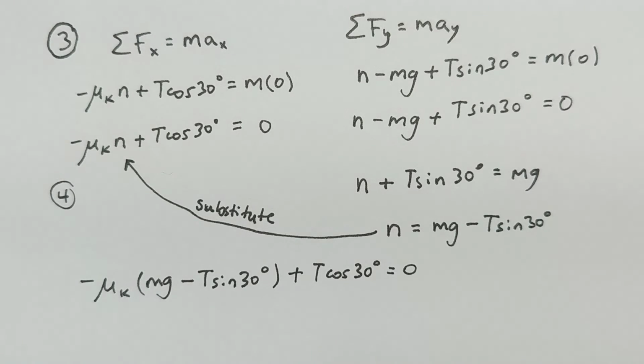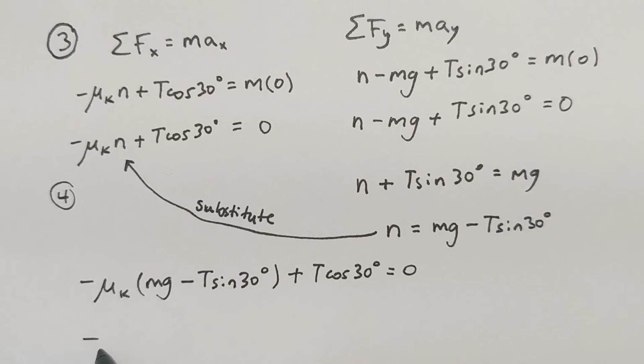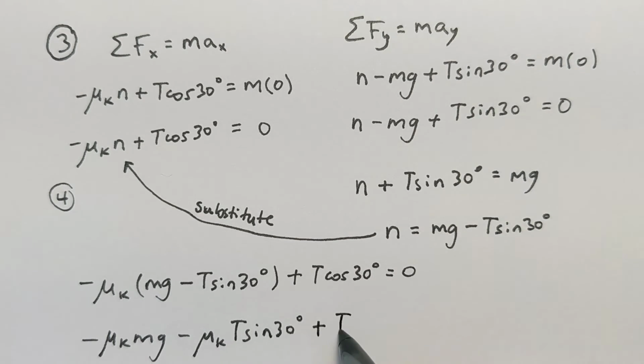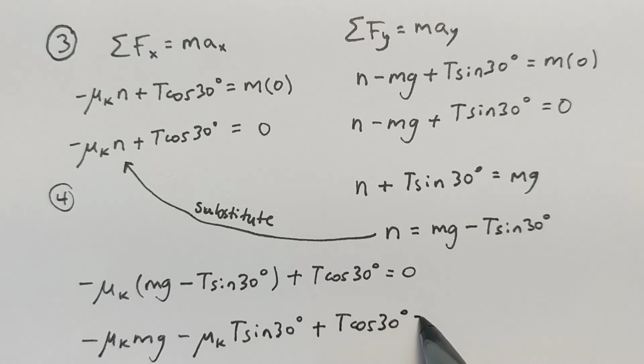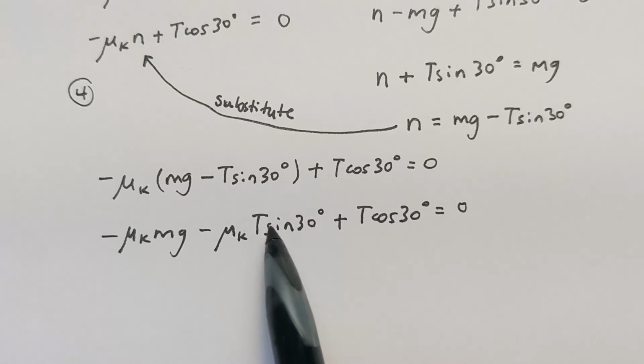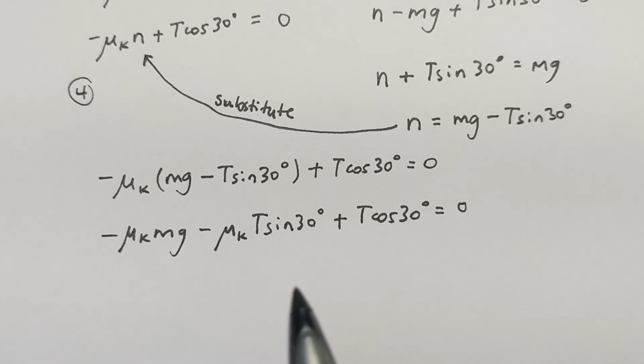Next, I should distribute mu k into the parenthesis. So negative mu k mg minus mu k t sine 30 plus t cosine 30 equals 0. And then I'm trying to solve for the tension, right? So I should collect like terms.